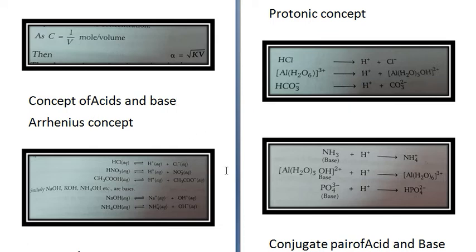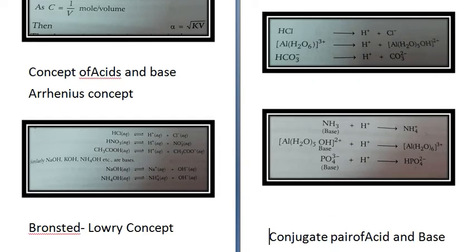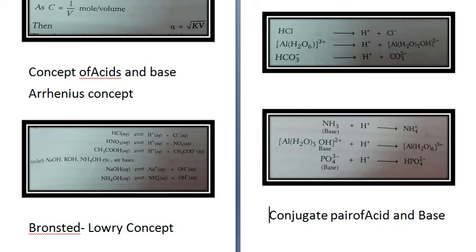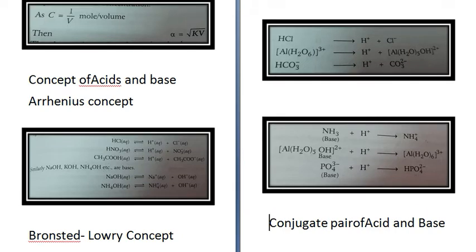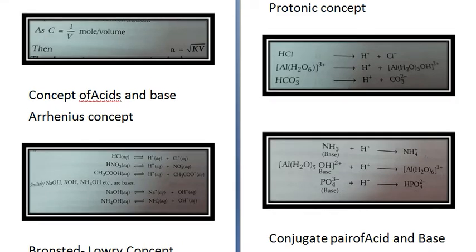According to Arrhenius, an acid is a substance which dissociates. Yes, this is the Arrhenius concept.